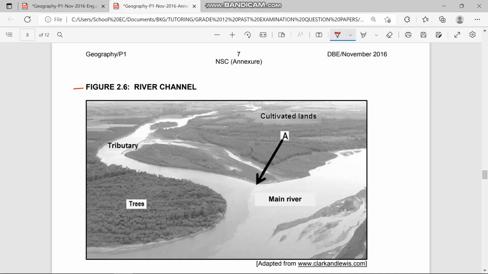You know that trees or vegetation absorb water through their roots during the time of floods, or you can say they promote infiltration of flood water. And also the trees will slow down the flow of water towards the floodplain.